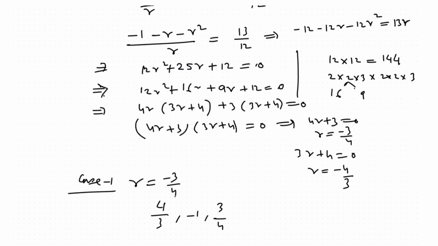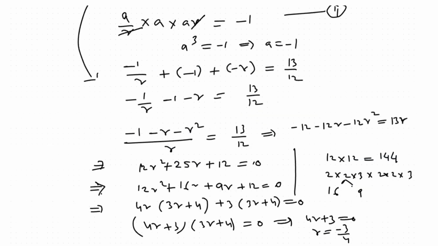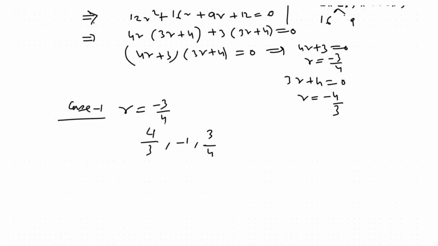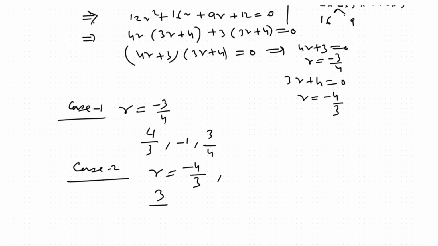And then in case 2, when your r is -4 upon 3, your series will get flipped: 3 by 4, comma -1, comma 4 by 3. How do you get the series? As we said earlier, my series was a by r, comma a, comma ar. So simply put a as well as r value, and you will get your series as this.